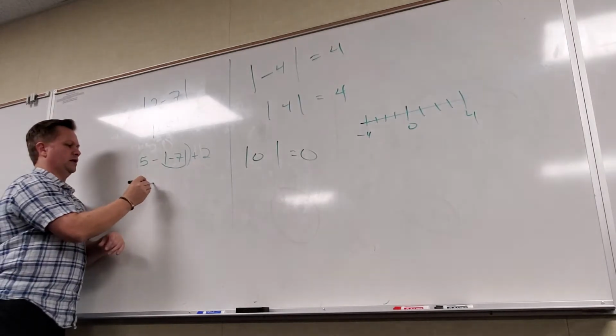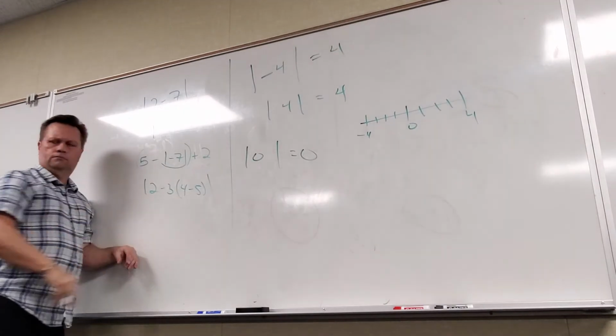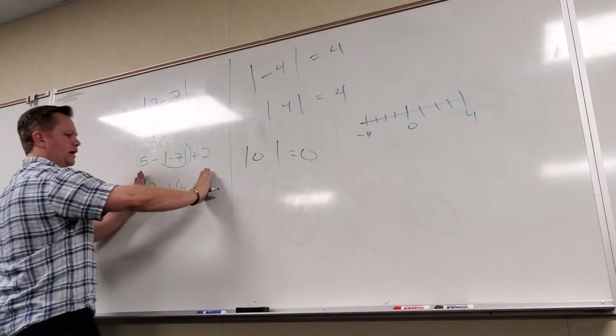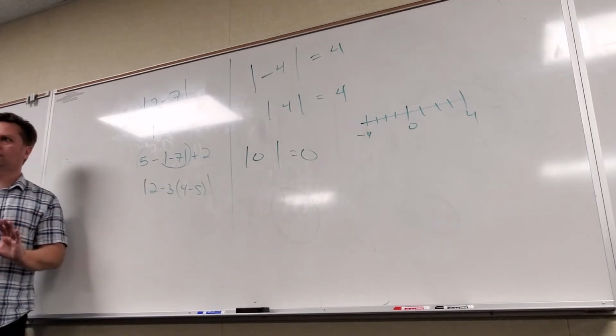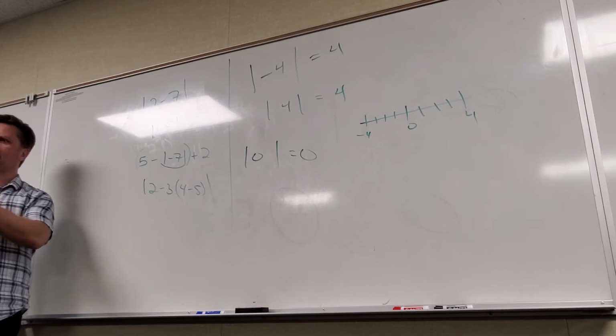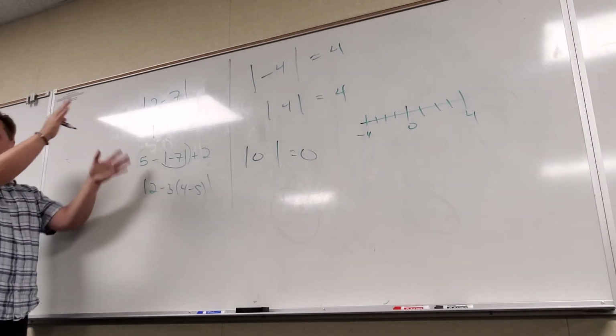Or they're going to be inside here, in which case you just do the whole inside first, and then you worry about the absolute value. Does that make sense? So they're not ever competing. One's in the other one, or the other one's in the other one.